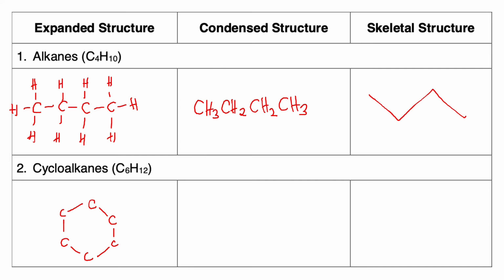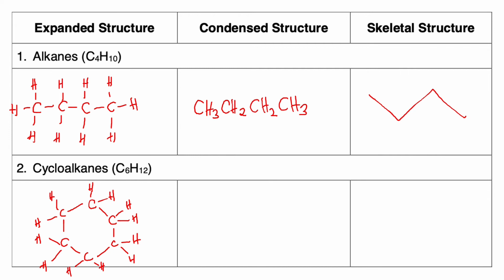Okay, macam ni. So, H tadi, setiap carbon ni ada 2 H. 1, 2, 3, 4, 5, 6, 7, 8, 9, 10, 11, 12. Ini ya. So, condense ni macam mana?